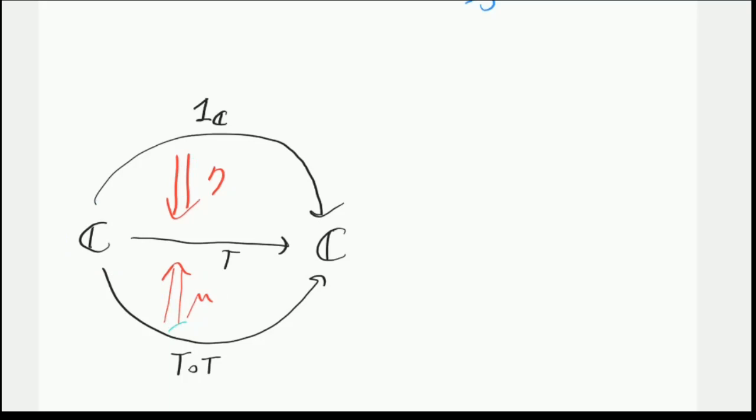So now let's consider the category of endofunctors of C. Okay, so we might write that category as C to the power of C, or actually today I'm going to write it with square brackets.